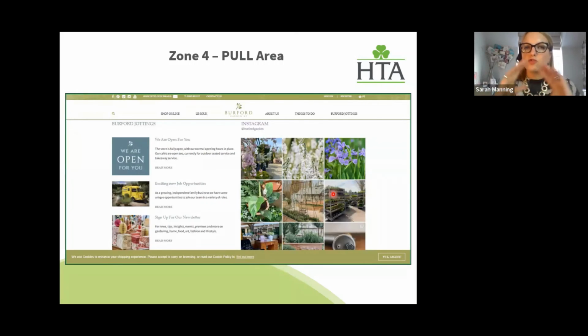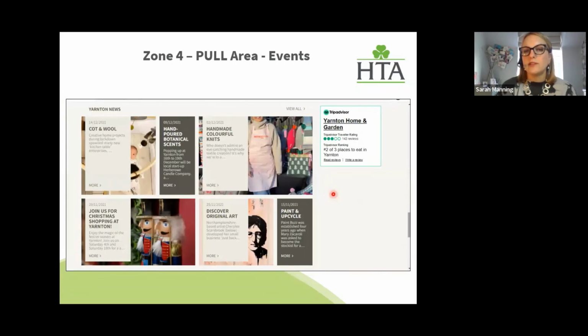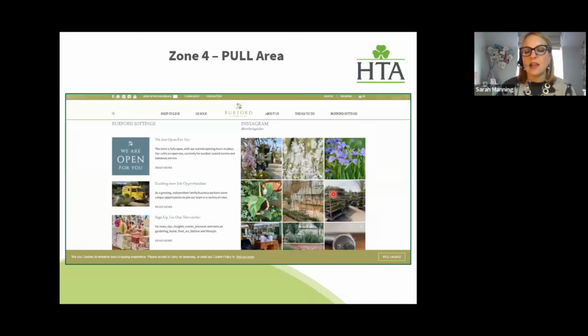So if you can treat the end of your page, zone 4, as your pull area, not so much for pull products, but for pull information that all your customers are going to want to come in and find. So these 2 examples are some great examples of pull information to place at the lower part of your page.